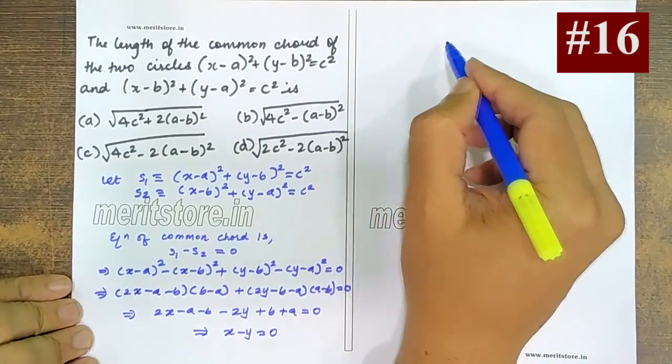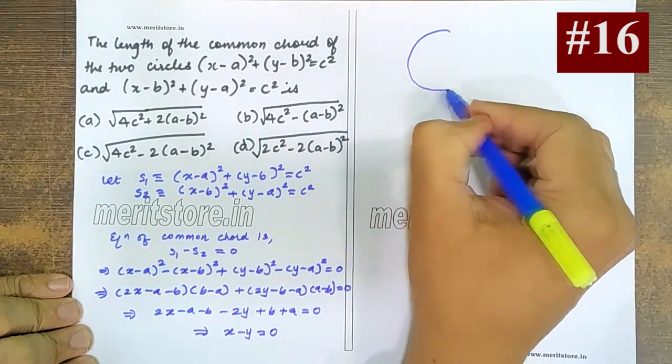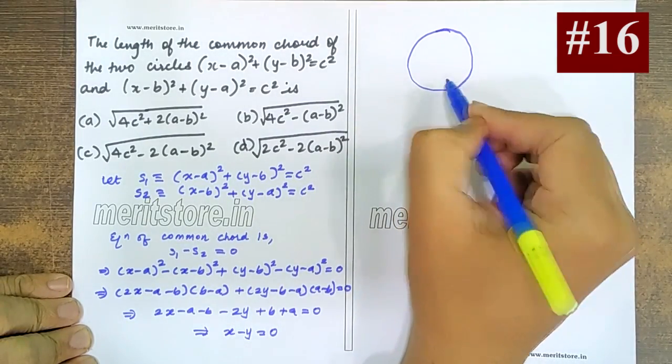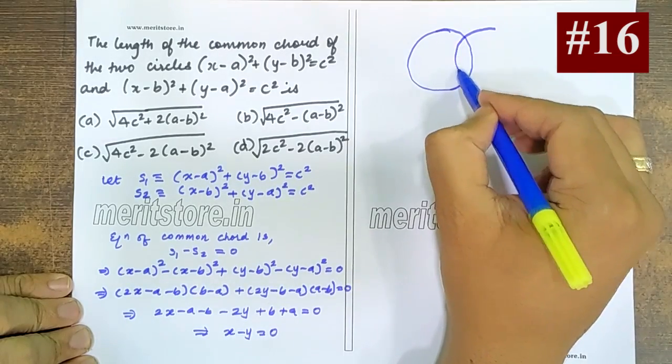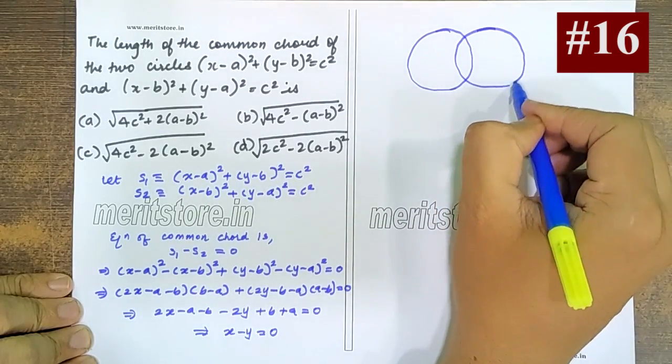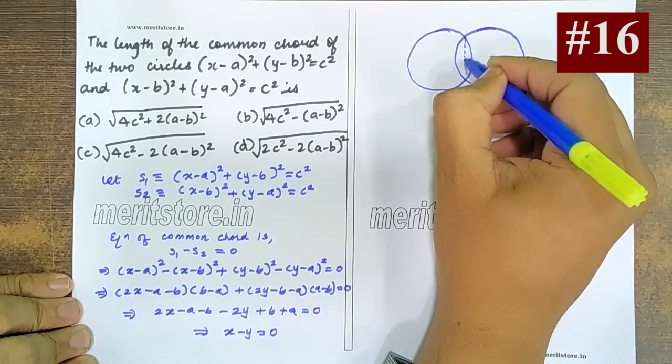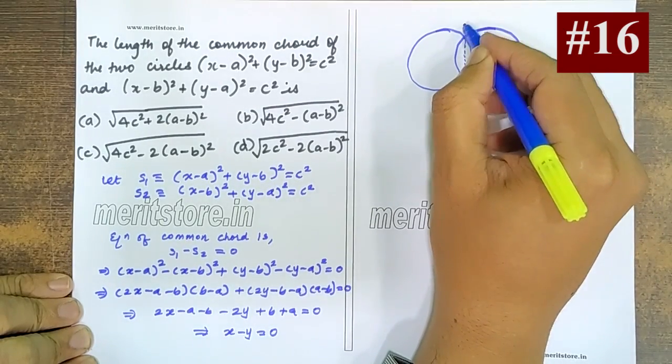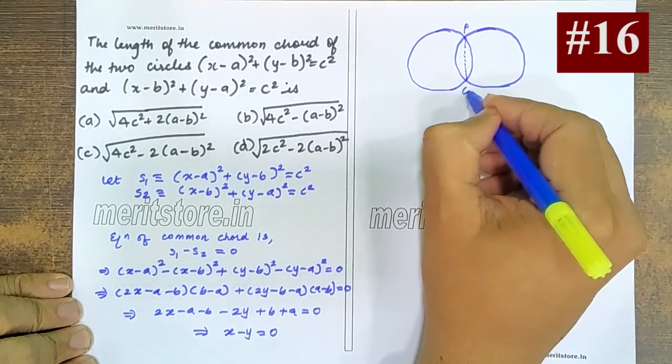Now if you draw the diagram of these two circles, this is the common chord. Let it be say PQ.